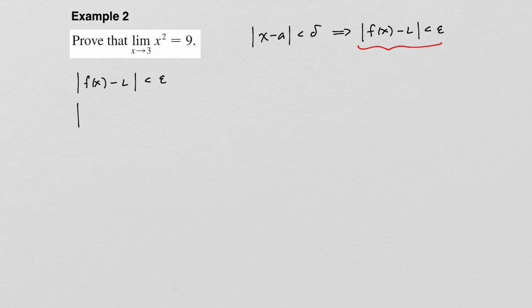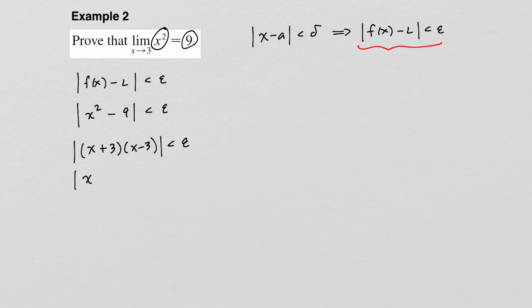In our particular problem, f of x is x squared, L is 9, and we need that absolute value to be less than epsilon. Now I'm going to factor: x squared minus 9 turns into the absolute value of x plus 3 and x minus 3 less than epsilon.